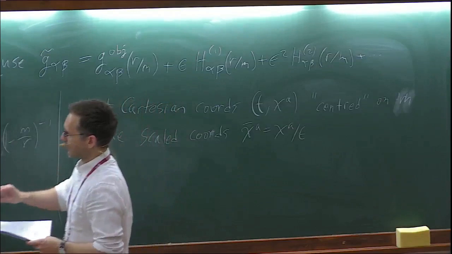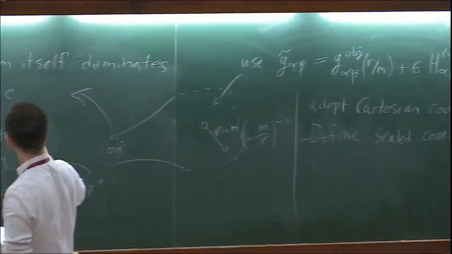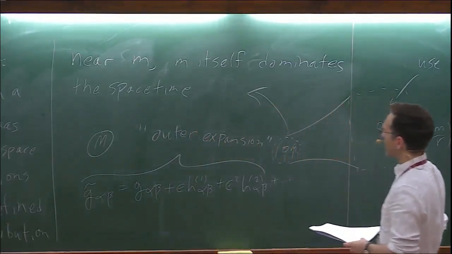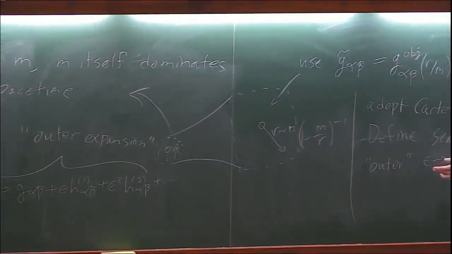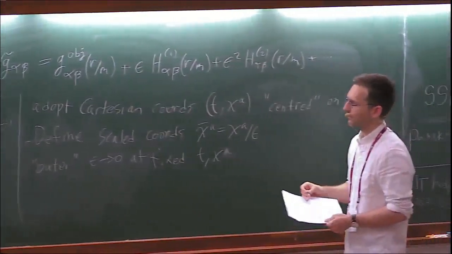So the outer expansion, which is what I'll call this whole thing, is performed by performing an expansion as epsilon goes to 0 at fixed coordinate values t, x^a, the unscaled coordinates.